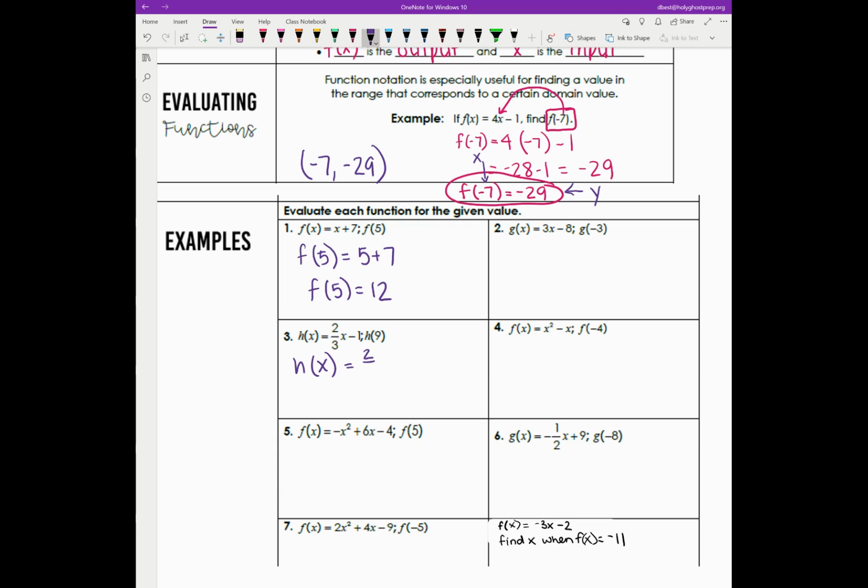So this is 2/3 times 9. Sorry, I didn't replace my 9. Here we go. Okay. Minus 1. Again, all this says is anywhere there's an x, it gets replaced with the number we're choosing. So this is 6 minus 1, or 5.